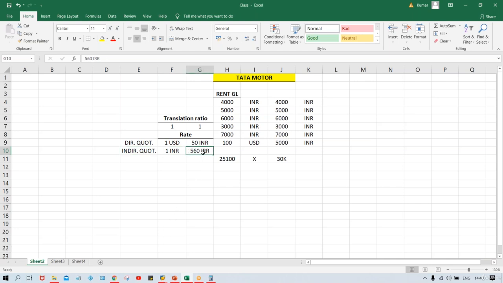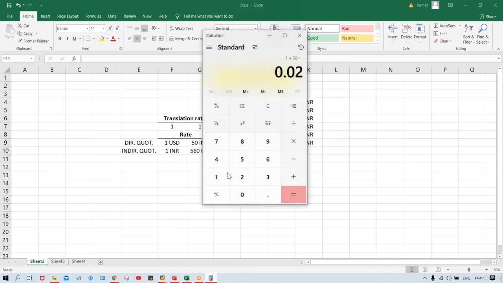It means, like I told you, in the case of Iranian currencies, even direct quotations also we can maintain. If you want one Indian currency equals this many Iranian currency, so if you want to maintain under direct quotations, one INR equals how many Iranian currency, guys? So again you have to do 1 divided by 560.